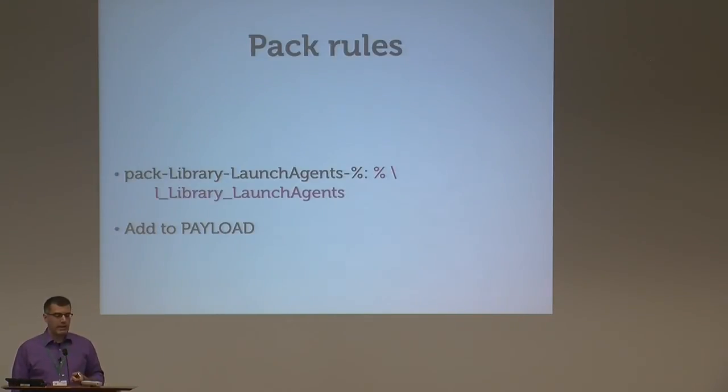If no file by that name exists, you will get an error when make tries to find the sources after the colon. So it needs the things that are after the colon to exist. In this case, it needs the file represented by the %, and it needs library launch agents to exist. If any of those things are not present, the location rule will create it, if it can. So these types of rules are typically added to your payload variable.